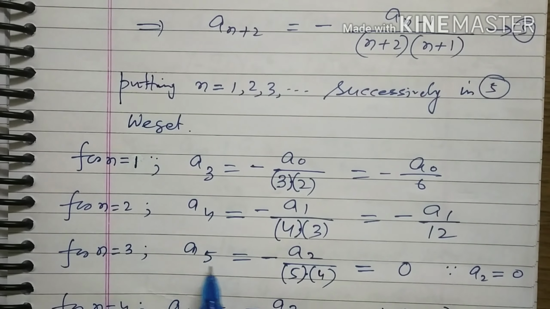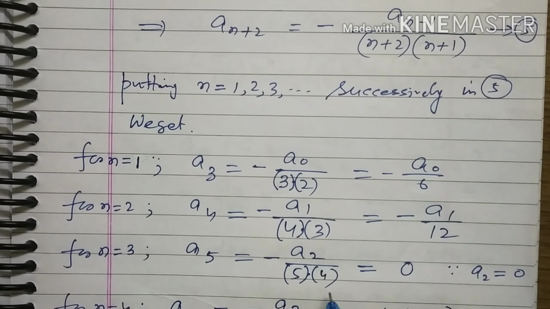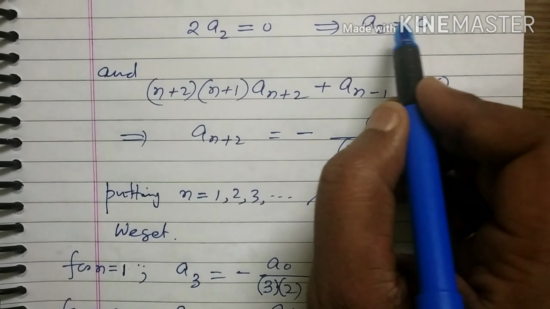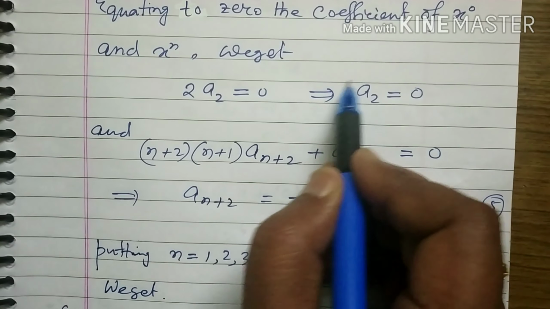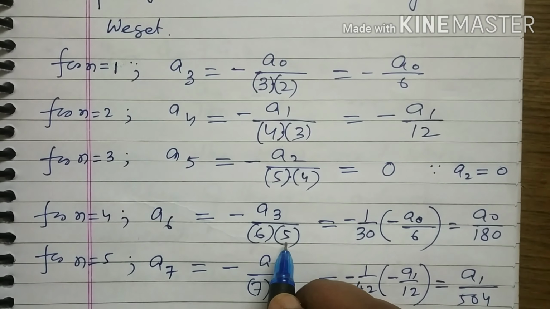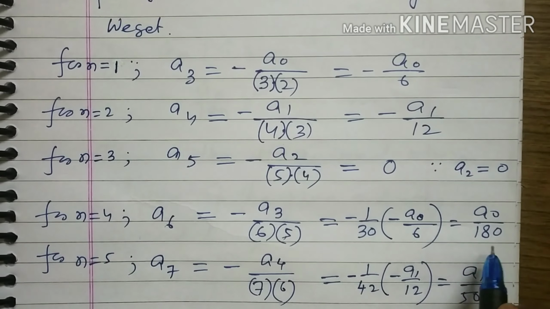Similarly, n equals 3, a5 equals minus a2 by 5 into 4, which is 0 because a2 equals 0. So ultimately a5 equals 0. Now for n equals 4, a6 equals minus a3 by 6 into 5, which is minus 1 by 30 times a3, and a3 is minus a0 by 6, so a6 equals a0 by 180.